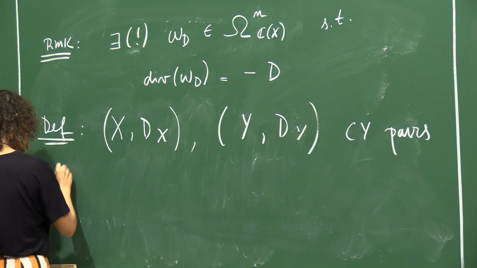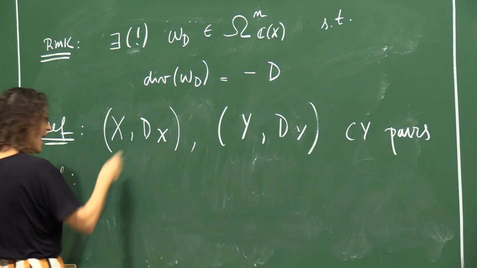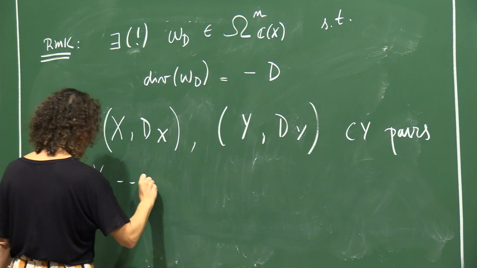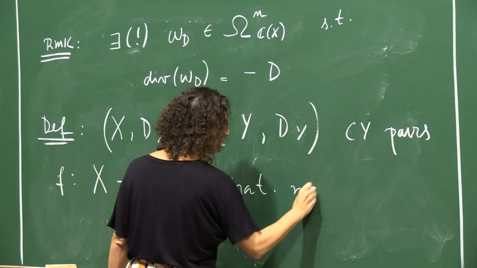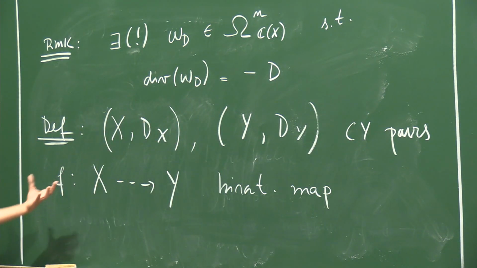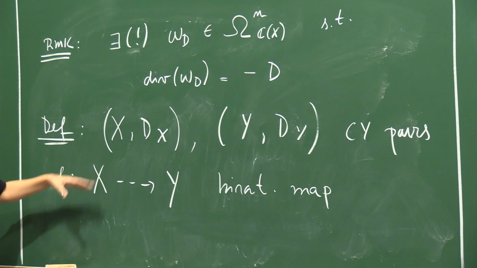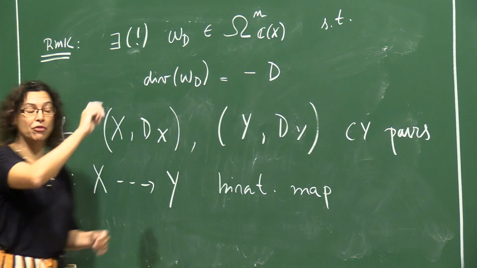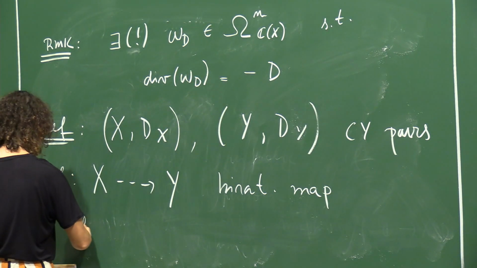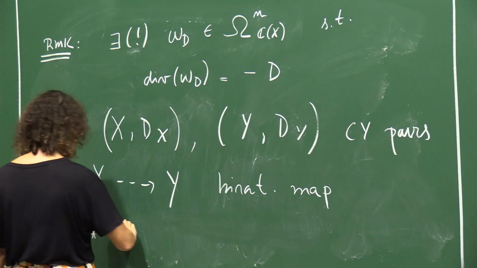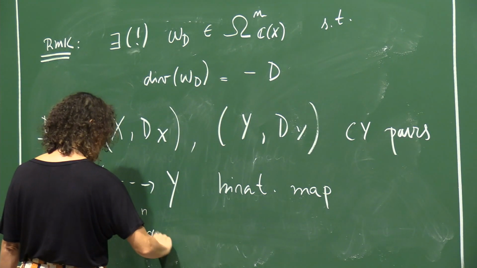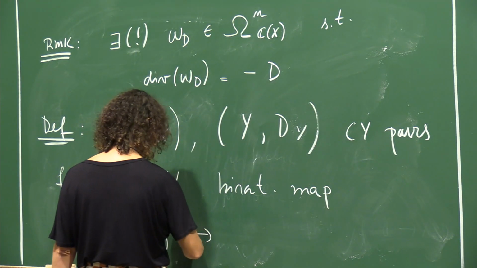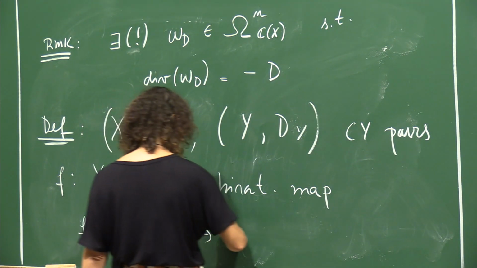So let's start with a birational map F between X and Y. Whenever I have a birational map between these two varieties, I have an induced identification of the space of volume forms. So F will induce an identification of the space of rational volume forms on X and the rational volume forms on Y.